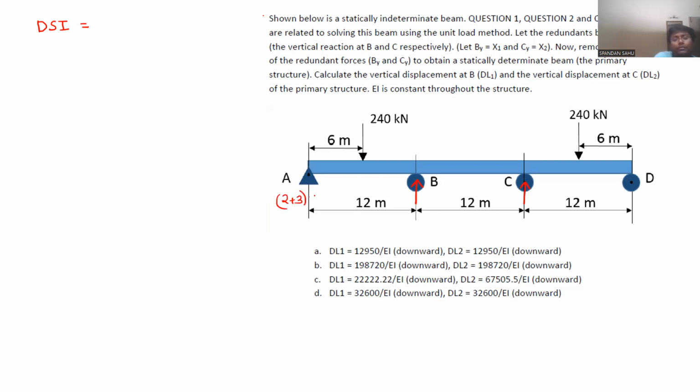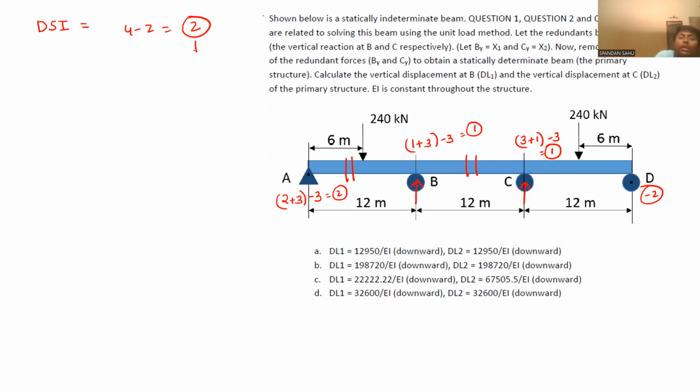DSI would be 2. So you got 4 minus 2, so 2.